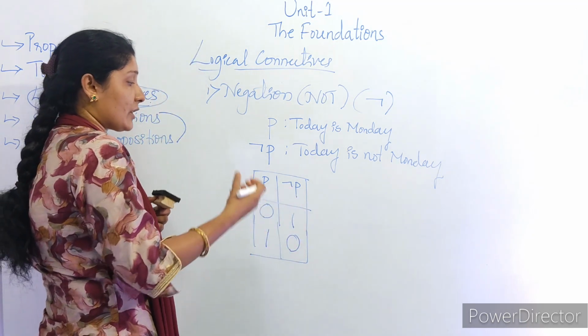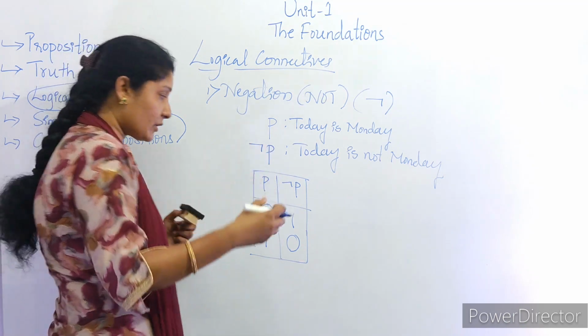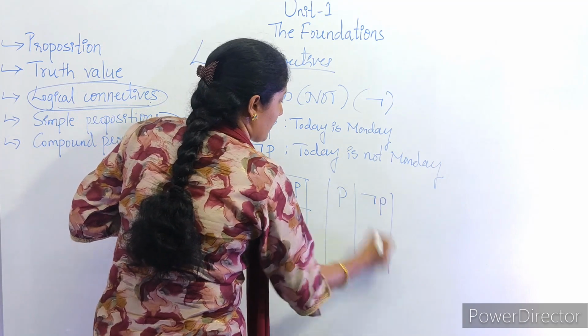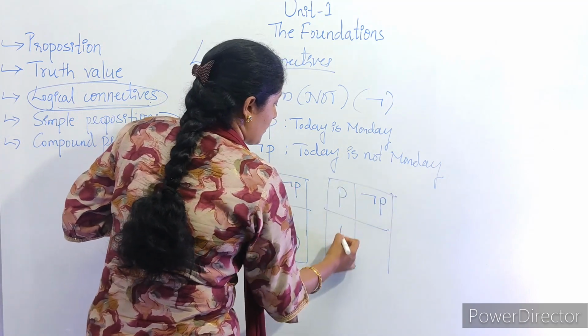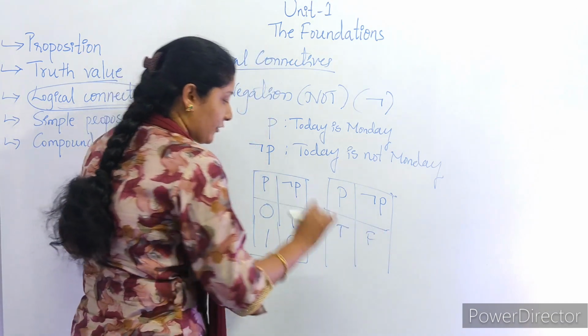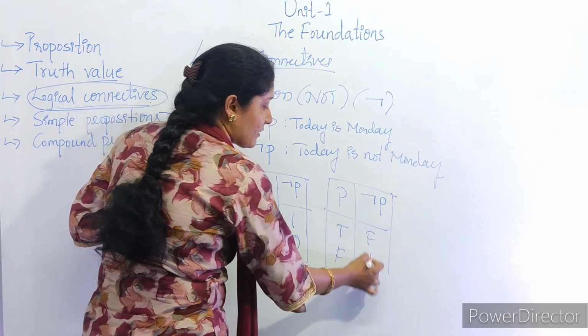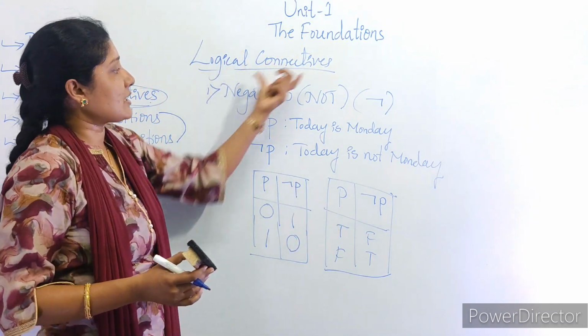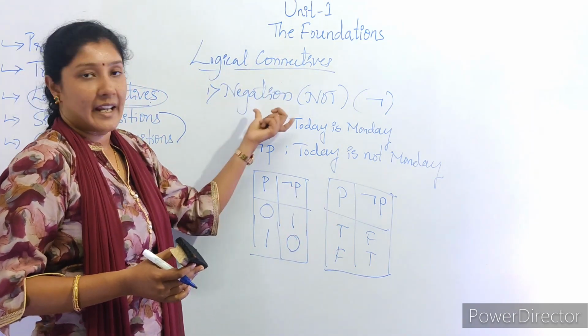If we have to create the table in terms of truth values, then it will be P, negation P. So, if P is true, automatically negation will be false. If P is false, automatically negation will be true. So, this is the first logical connective, that is negation.